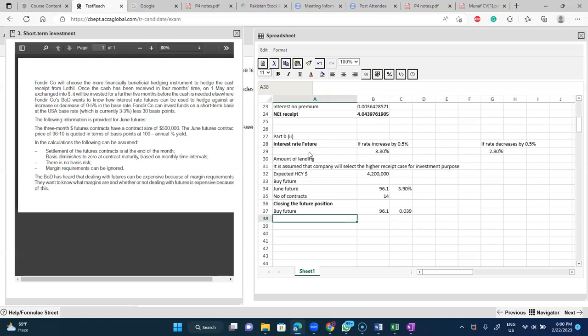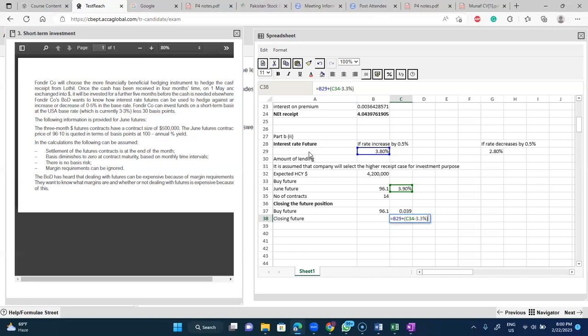So let's calculate the closing future. Guys, what is the formula of closing future? Closing spot, that is 3.8%, plus opening future, 3.9%, minus current spot, that is 3.3%, into remaining months divided by the total.